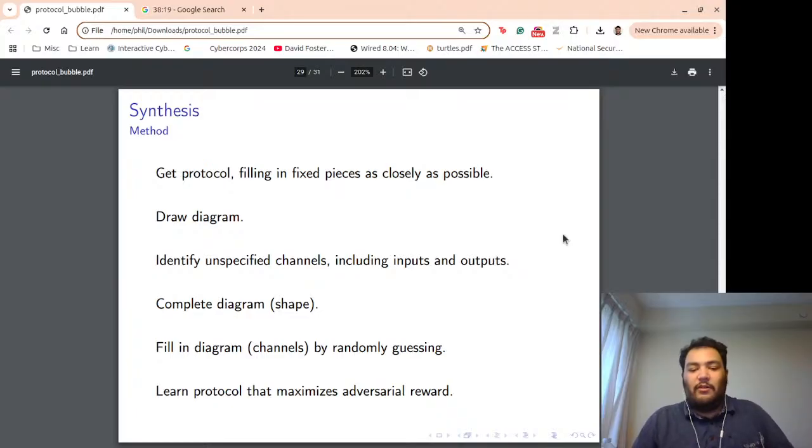Just guess what they are. You can just have a neural network guess. And if you have a neural network that is guessing, you can update the weights that determine the guesses. That means learning the neural network for each channel. And if you have a bunch of channels, it means learning the set of neural networks, which means learning the protocol that maximizes this reward of the attacker. So that's the method. Figure out what is missing, fill it in by guessing, and then update your guesses.